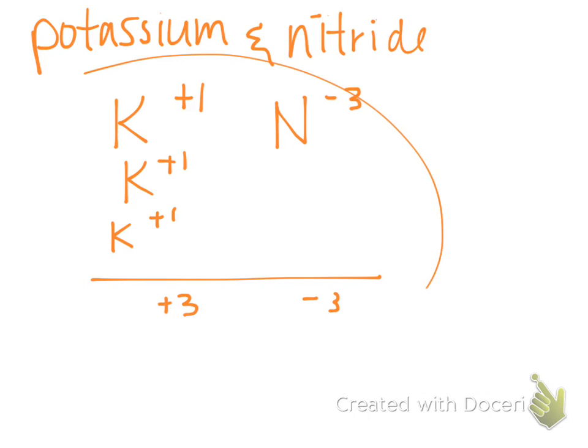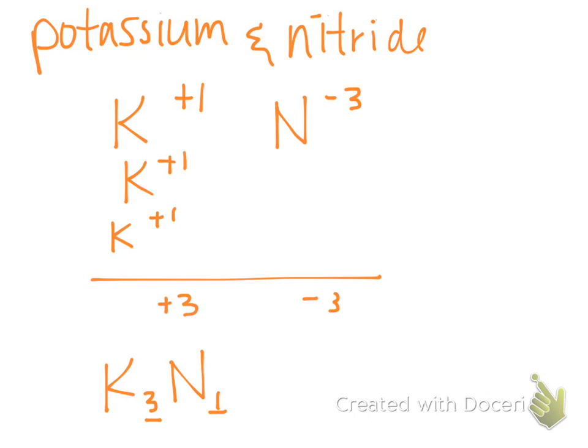If writing it out this way helps you, then do it. But if you don't need to do it, that's fine, okay? So that means I need 3 potassiums. So I write it like this, K3N, right? I need 3 potassiums and 1, we know there's a 1 there, even though you don't have to write it, and 1 nitride to give us a neutral charged compound.